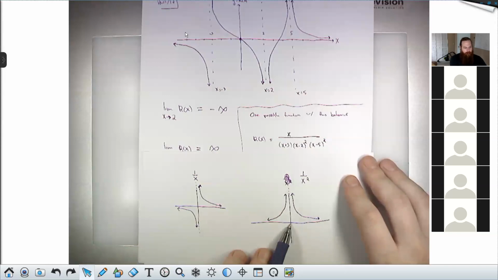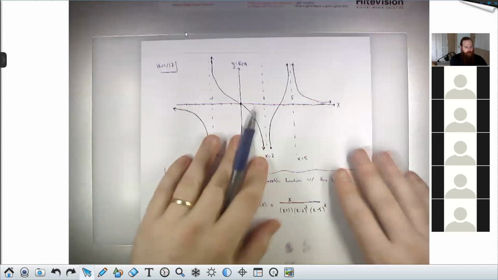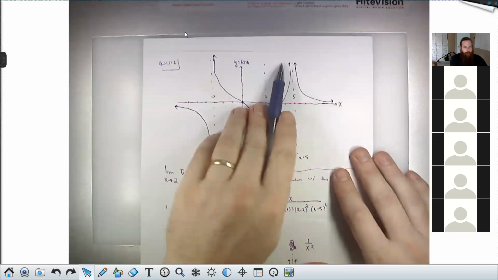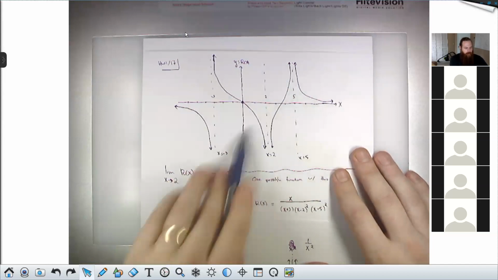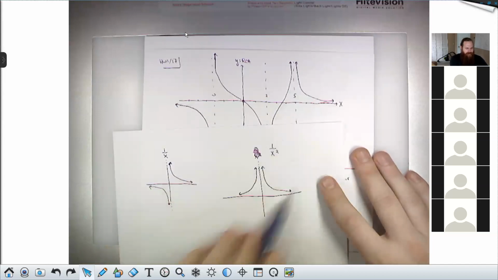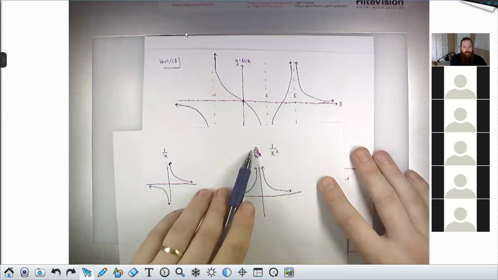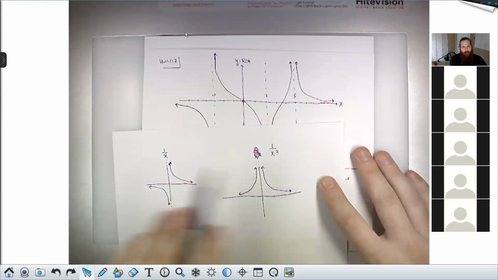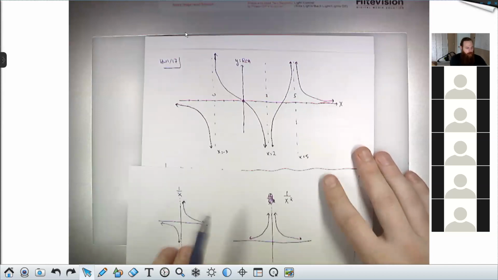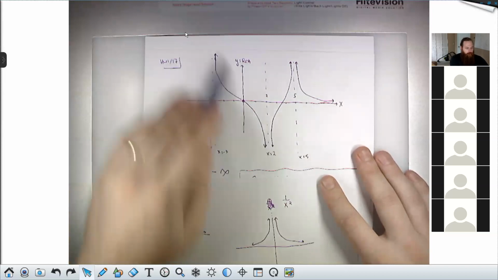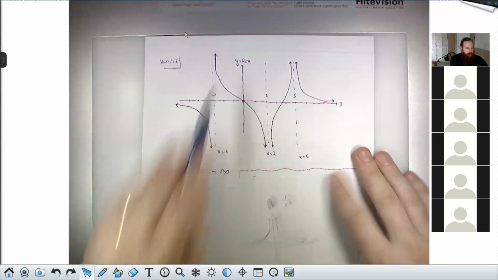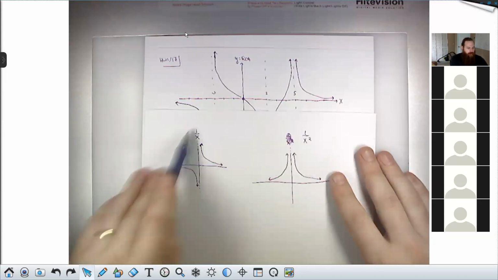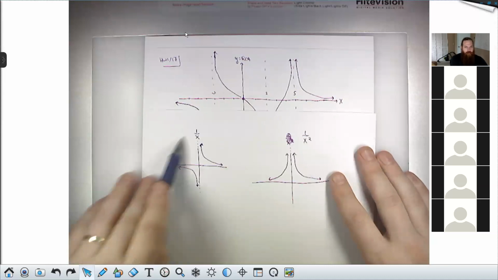So you can think of features like this or this as coming from translates or combinations of stuff like this, where you're same signed, either positive on both sides of the VA or negative on both sides of the VA. And you can think of things like this, where you're negative on one side and positive on the other, as coming from translates or combinations of functions like this.